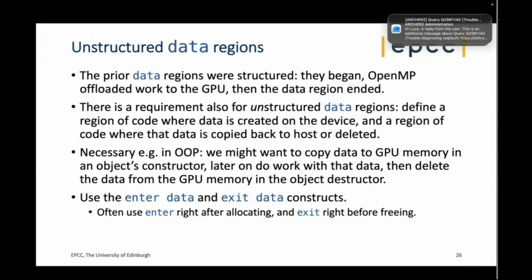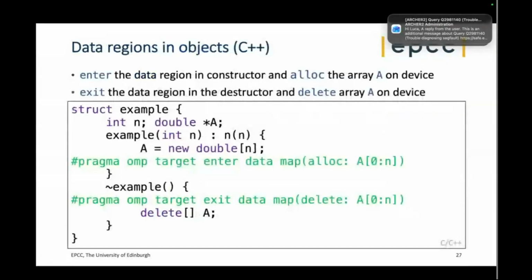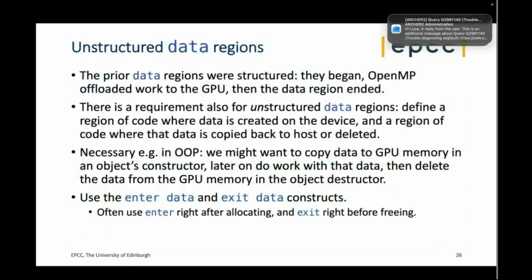But you still want your object to be called from wherever in the code, so you can't wrap everything into a data region. Hopefully there is a way to tell OpenMP to send data from the CPU to the GPU and keep it there, so it will create a data environment that is valid for any following code.